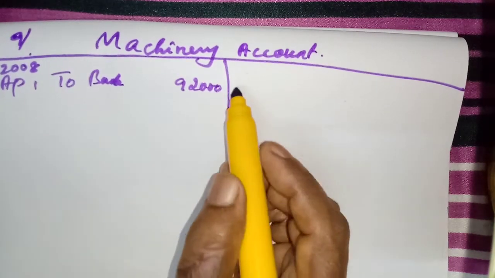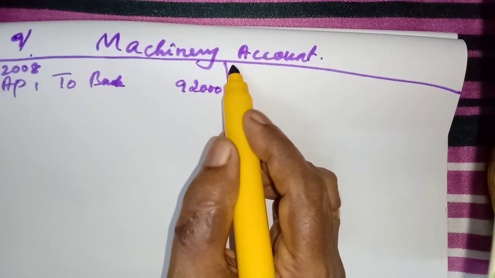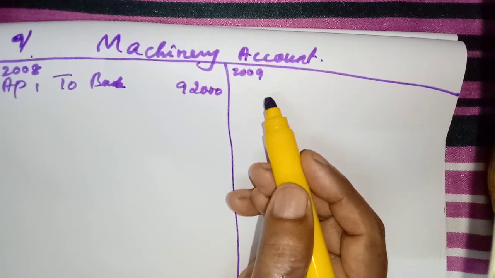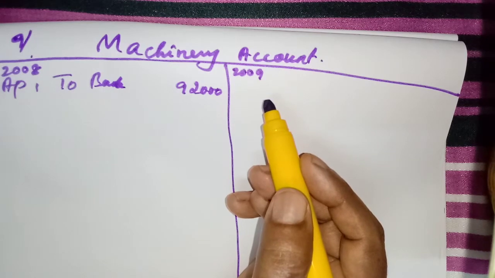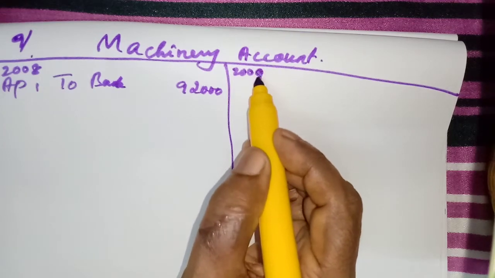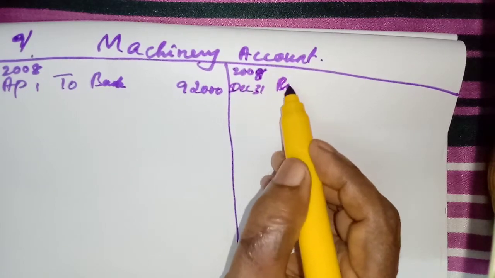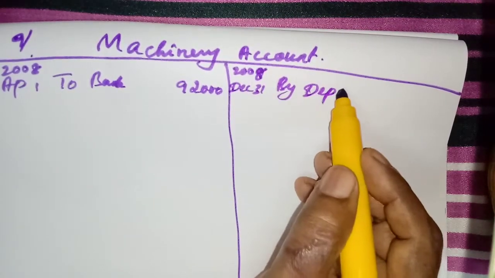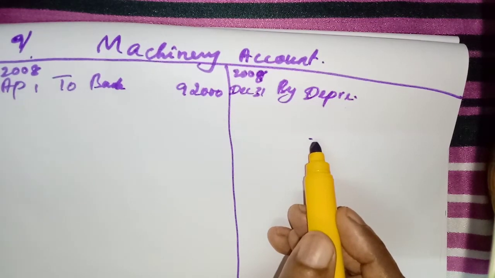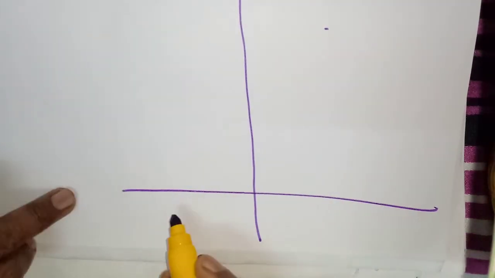Then at the year end we need to calculate the depreciation. The year ends on 31st December, so 2008 December 31, by depreciation. How much do we need to calculate? 10%. Here I will show for you.